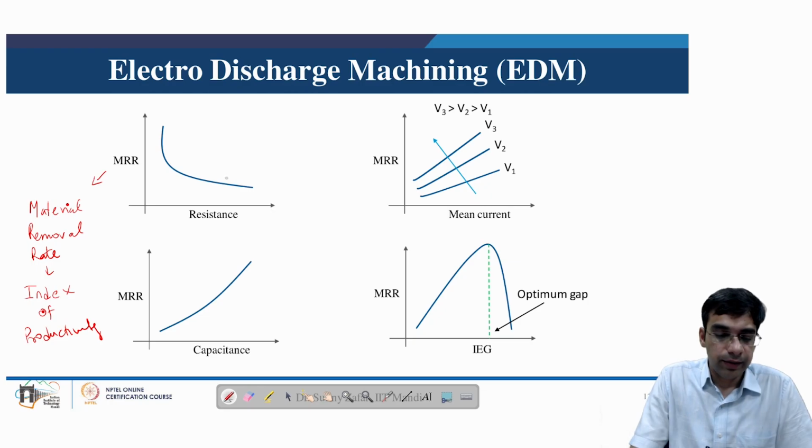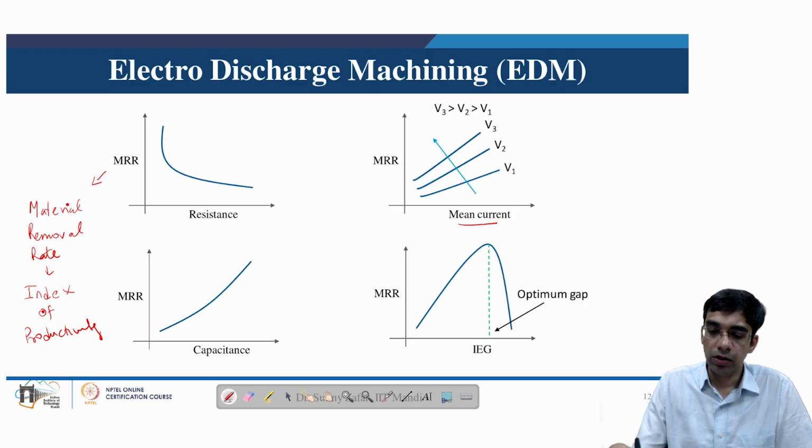If we see that with reducing the resistance, the MRR is increasing, because as we reduce the resistance, the electron or the current flow increases, because of which the MRR will increase. Similarly, if we keep on increasing the main current, again more electrons are available and material removal rate increases.